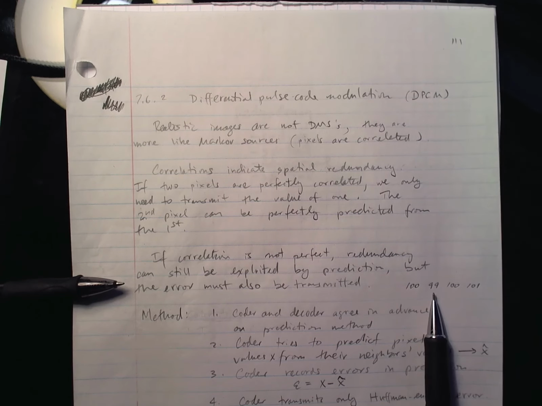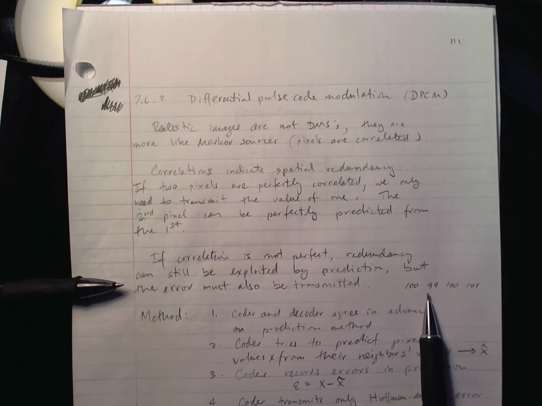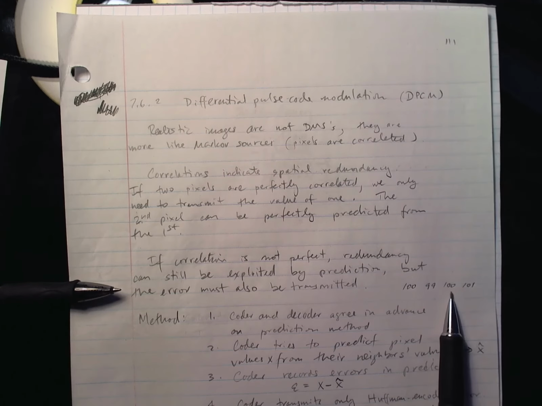Then, if you guess that the next one is 99, because now you know the previous one to be 99, you would be wrong by 1.